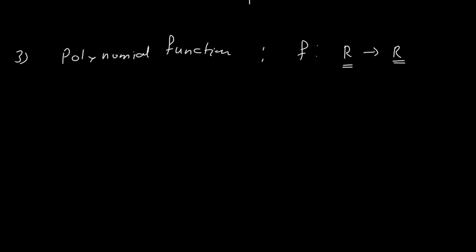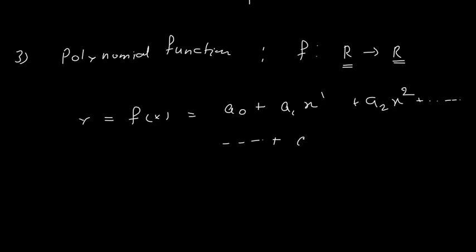This function will be of the form y equals f(x) equals a0 plus a1 x power 1 plus a2 x power 2 plus and so on, an into x power n. This is my y equals f(x).